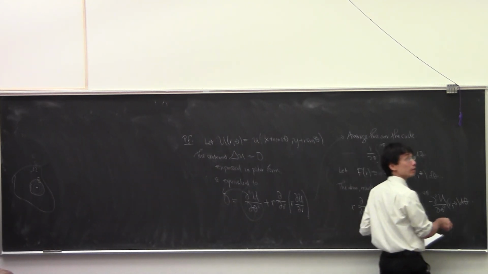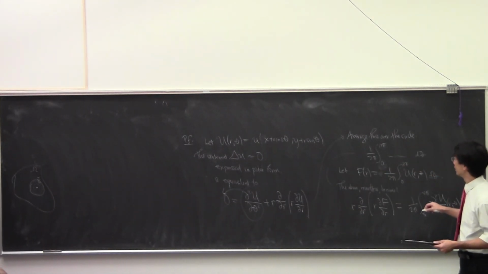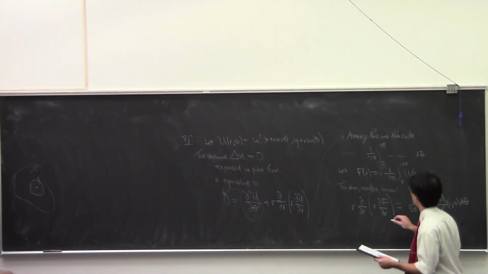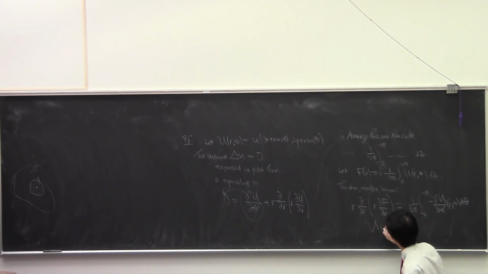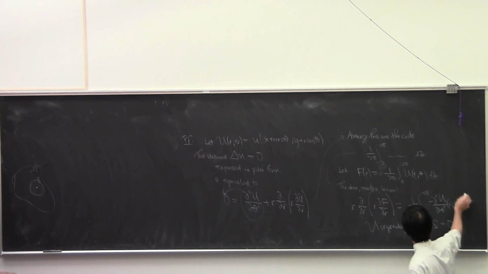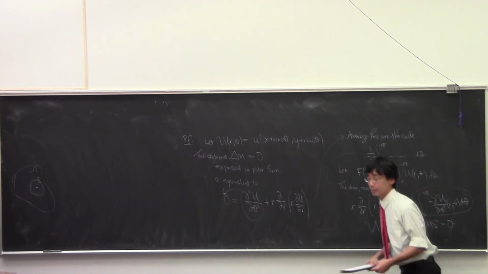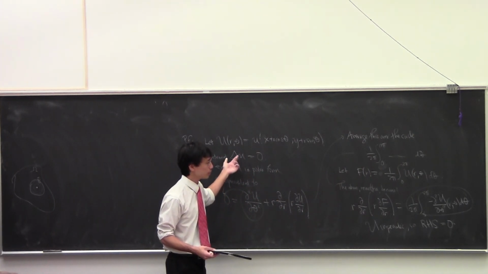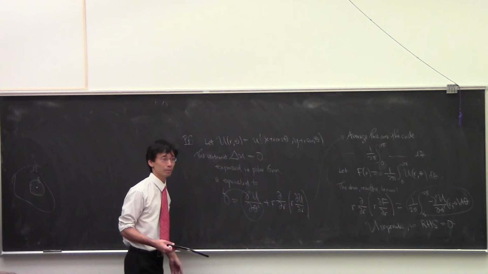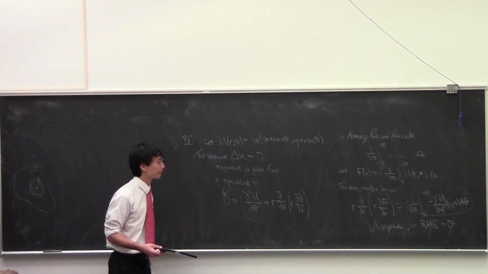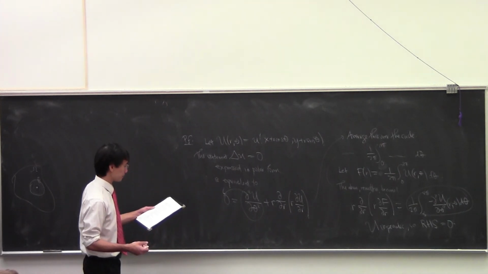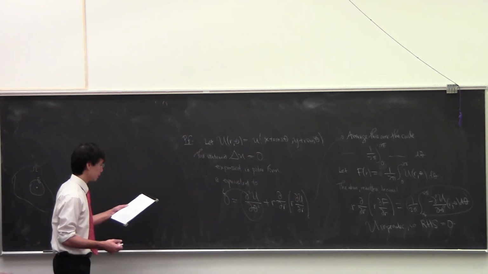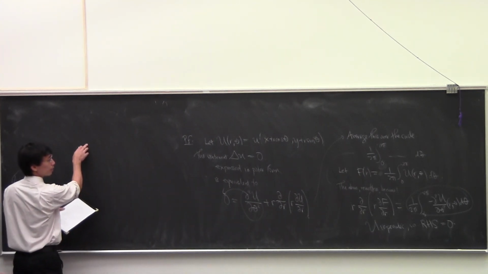Okay. So then you notice that, well, look, big U is periodic. So the right hand side is 0. So this is 0, right? Because you're integrating some periodic function over the full period. So what does that say?